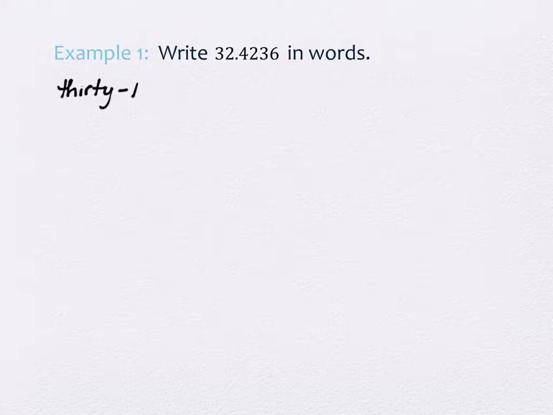So 32 actually has a hyphen between the 30 and the 2, if you weren't remembering that part. The decimal point is the word and. I have very, very specific memories from second grade, being in trouble with my teacher all the time because I wanted to use the word and in the middle of things that weren't decimal points, like 342. And I remember her saying, we don't use the word and there, we don't use the word and there. So the and represents the decimal point, okay?